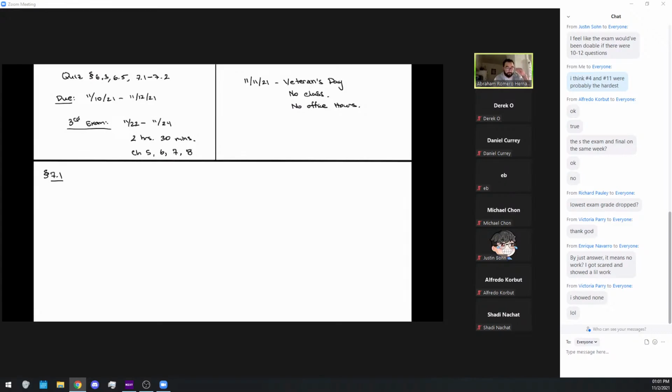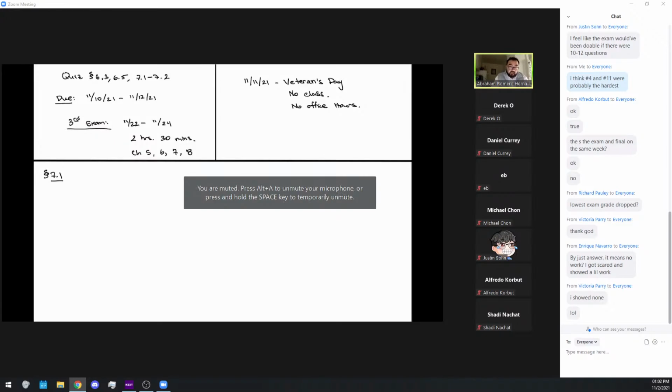Now, we're going to start talking about, well, pretty much chapter 7 is all going to be about probability. So we're going to start talking about probabilities. Now, just in case you don't know, this is what a die is.